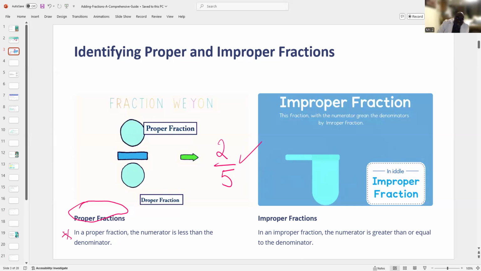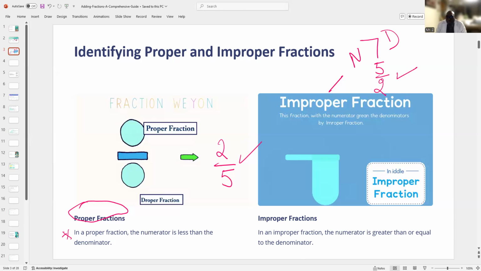So an improper fraction has 2 conditions. One, the top number, which is the numerator, is greater than the denominator. Example, when you have 5 over 2, what kind of fraction is this? Good job. That is an improper fraction.